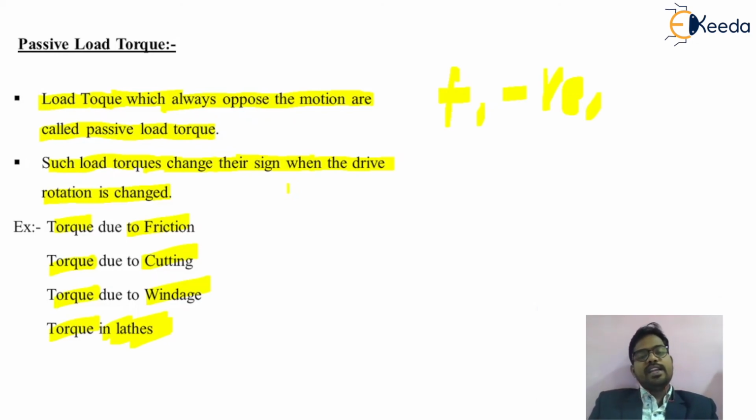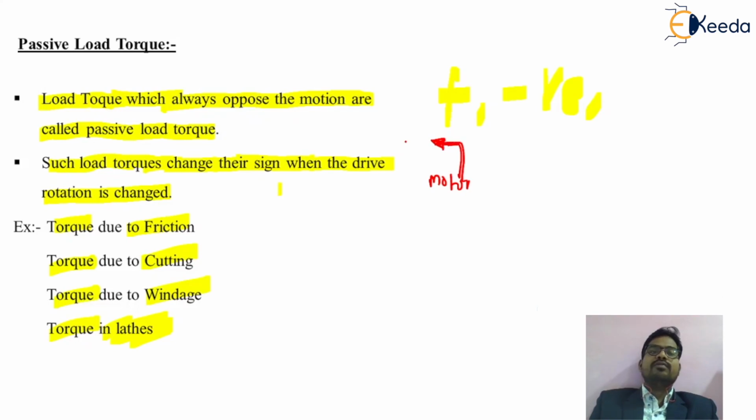Again I can repeat, what do you mean by the passive load torque? The passive load torque is the load torque which has the capacity of opposing the motion. Suppose a motor rotates in an anti-clockwise direction.